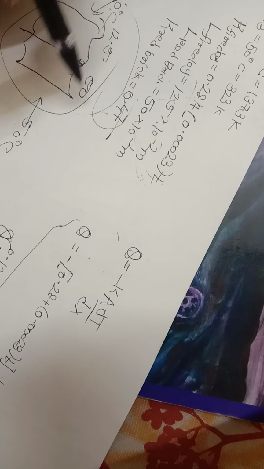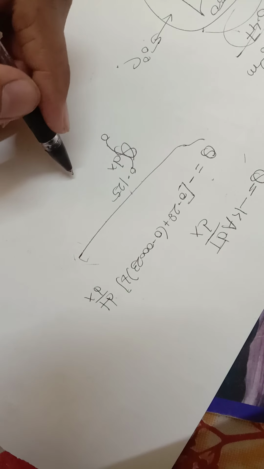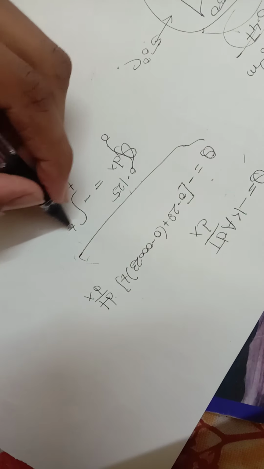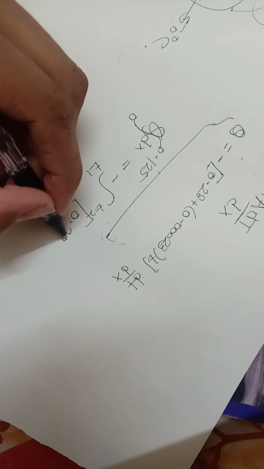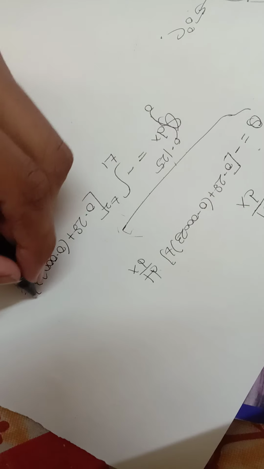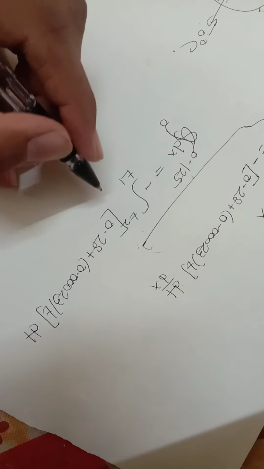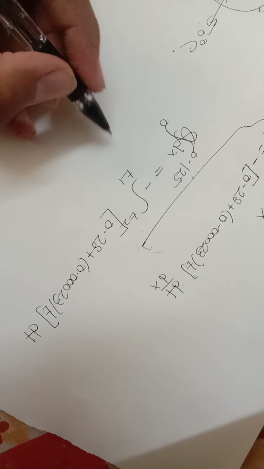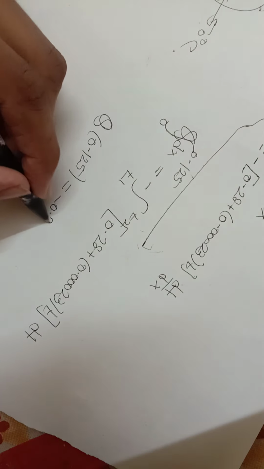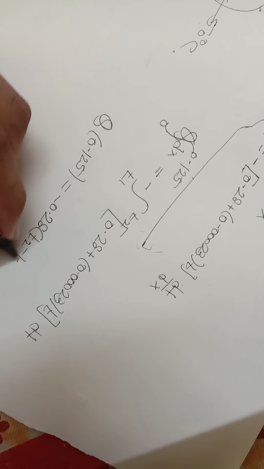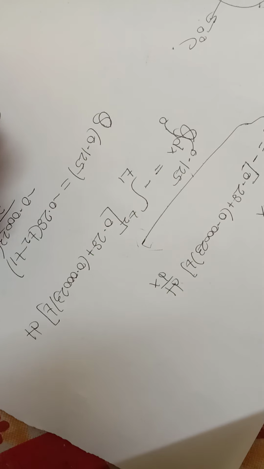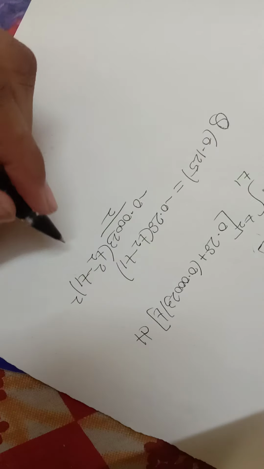T1, T2, then T2, T3. So first T1 to T2 is equal to minus integration from T1 to T2 of (0.28 plus 0.0023 T) dT. So what will we get? Q times 0.125 equals minus 0.28 (T2 minus T1) minus 0.00023 by 2 (T2 square minus T1 square).